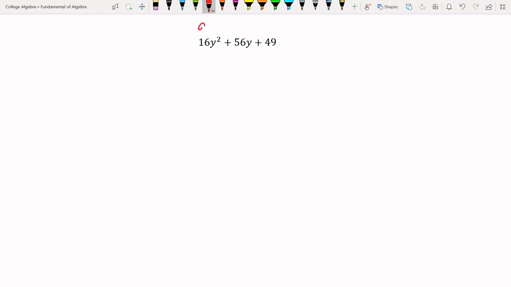So for the AC method, we have ax squared plus bx plus c. It's fine if x and y are the different variables. That doesn't really matter. What matters is the positions of the coefficients. So in other words, a is 16, b is 56, and c is 49.